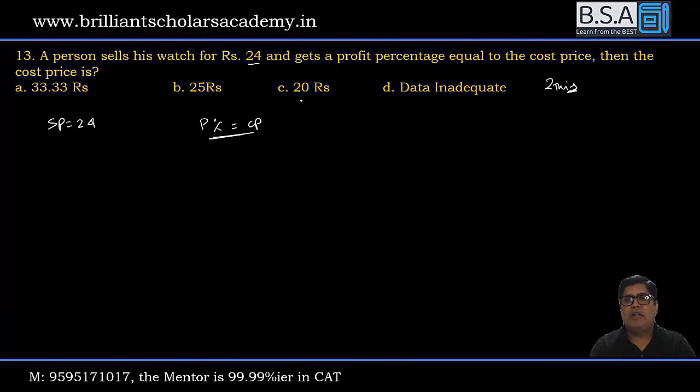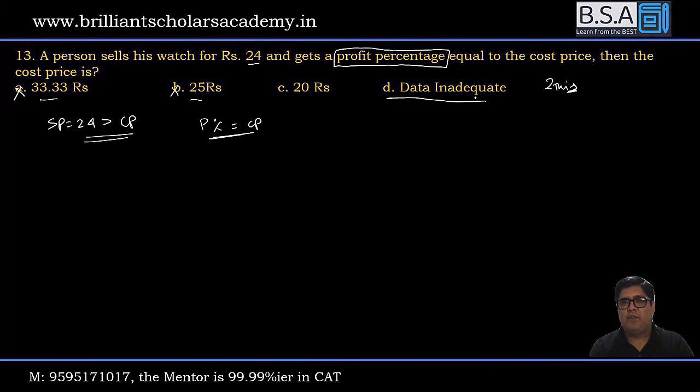As soon as you tell me there is a profit percentage, you are telling me that cost price will be below 24. These options are not below 24. One of the options is data is inadequate. So either the answer is C or the answer is D.